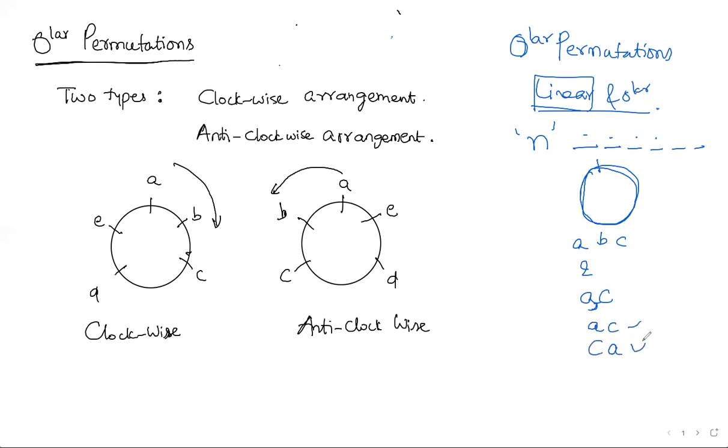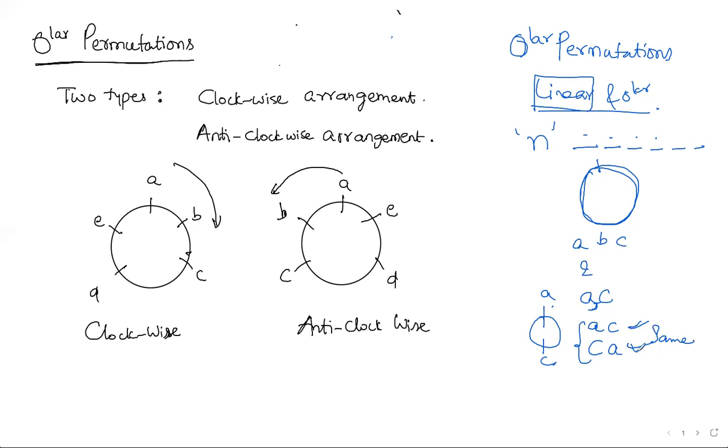These are two permutations, right? But when we arrange them in a circle, you cannot say which is the starting point or the ending point. There's no starting and ending point of a circle. So in circular permutation, both these arrangements are the same.